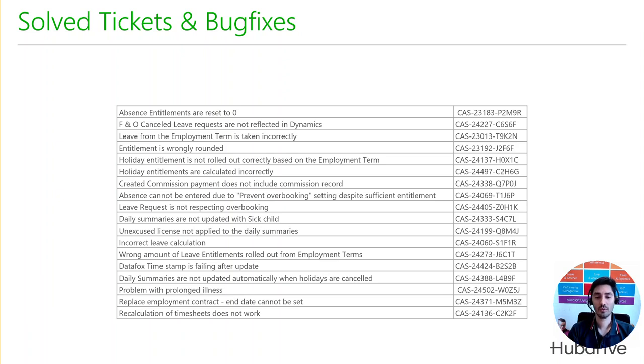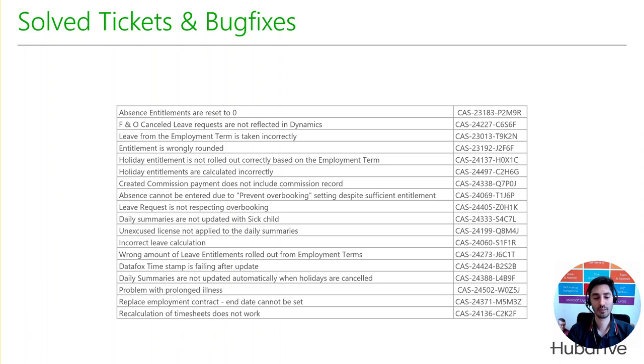Leave request is not respecting overbooking, so we also have the case when you have this setting prevent overbooking on, you still could go over that amount of leaves. Then daily summaries are not updated with sick child or any sickness. Let's say ad hoc sickness and leave requests were not reflecting if you had any changes at the same time in the daily summaries.